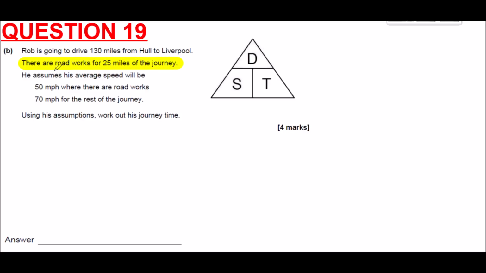And we're told about the roadworks, there's 25 miles of the roadworks, and the speed will be 50 miles an hour where there are roadworks. And so what I'd suggest you do is to section it out in terms of thinking of a journey as a section with roadworks, and the rest of the journey as the bit where you don't have roadworks. So just think of it as two different parts of information.